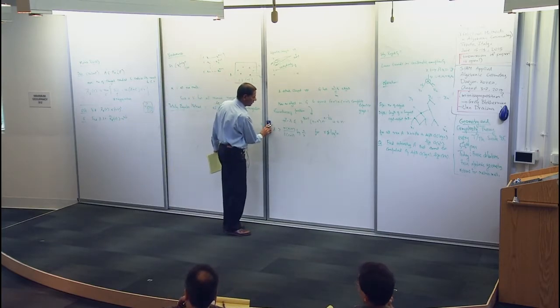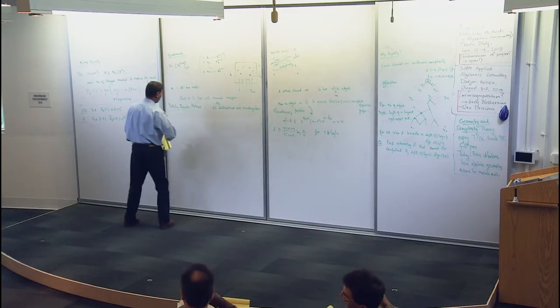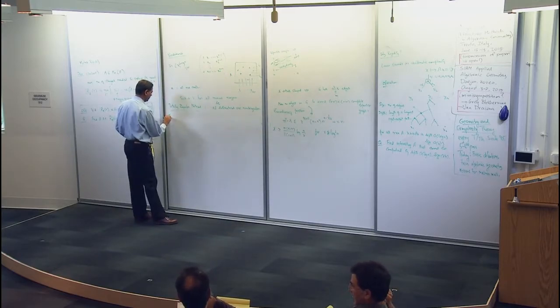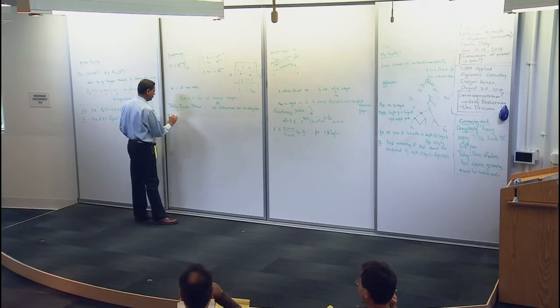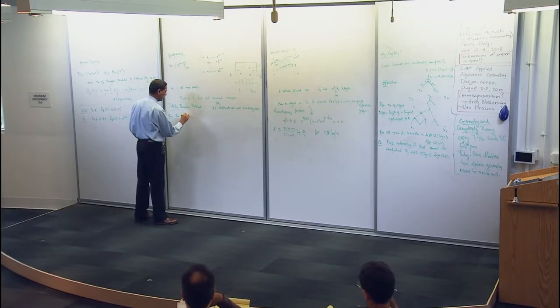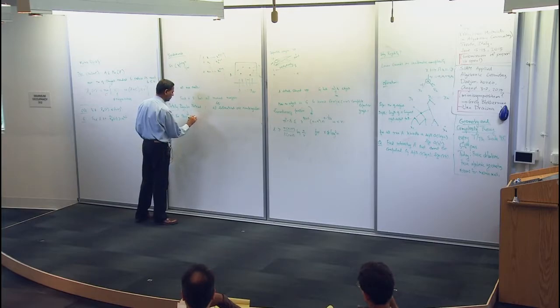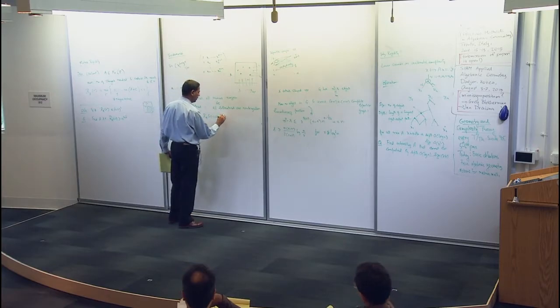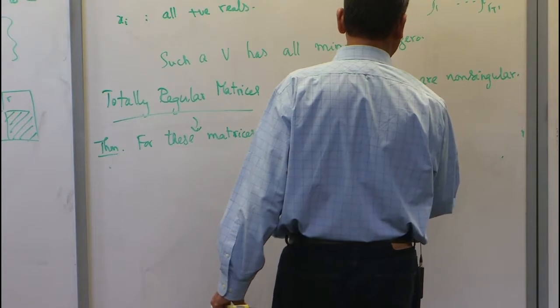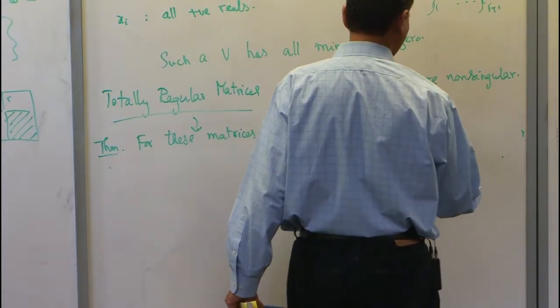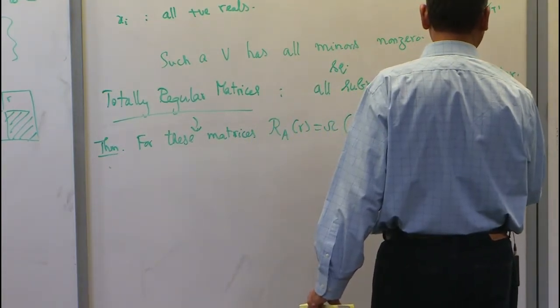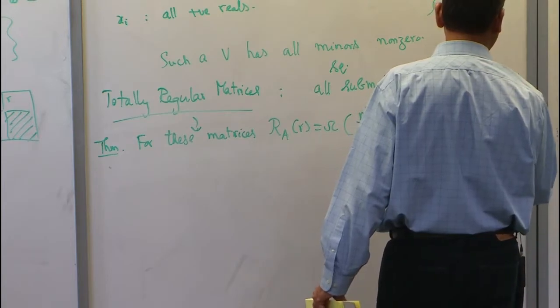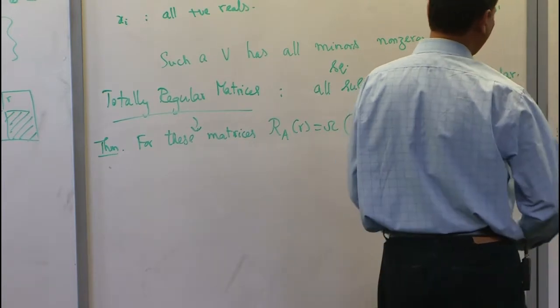So, okay, what's the conclusion here? The conclusion is for these matrices, the rigidity is omega n squared over r log n over r, essentially. So you put conditions on r.